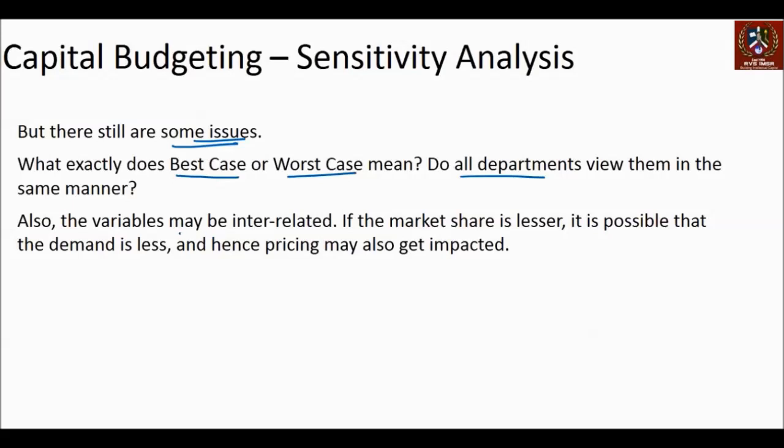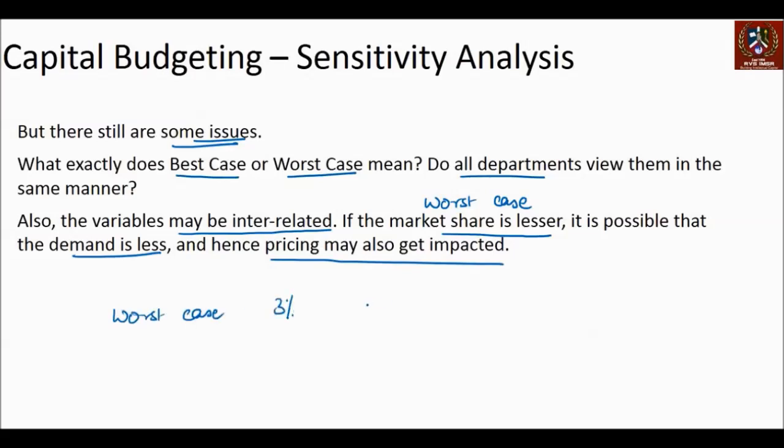Also, sometimes the variables may be interrelated. So if the market share is lesser in the worst case scenario playing out, then it's also possible that demand is less. And if demand is less, pricing may also get impacted. So we said that in the worst case, you're going to have a 3% market share and a number of 400, but this 3% market share and this number of 400 may be interrelated because demand is lower.